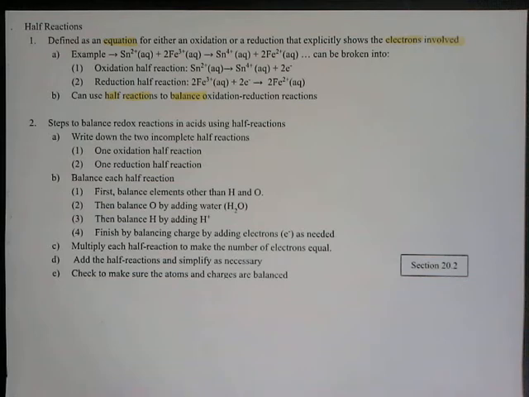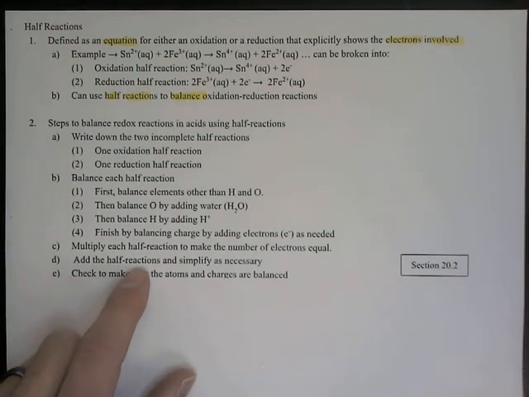After that, we balance oxygen by adding water to the appropriate side, and then we counter out that water with H pluses on the opposite side, and then we balance the electrons. Now we do that for both the oxidation and reduction reaction, and then we multiply each half reaction so the electrons cancel or the electrons equal, and then we add and simplify if necessary.